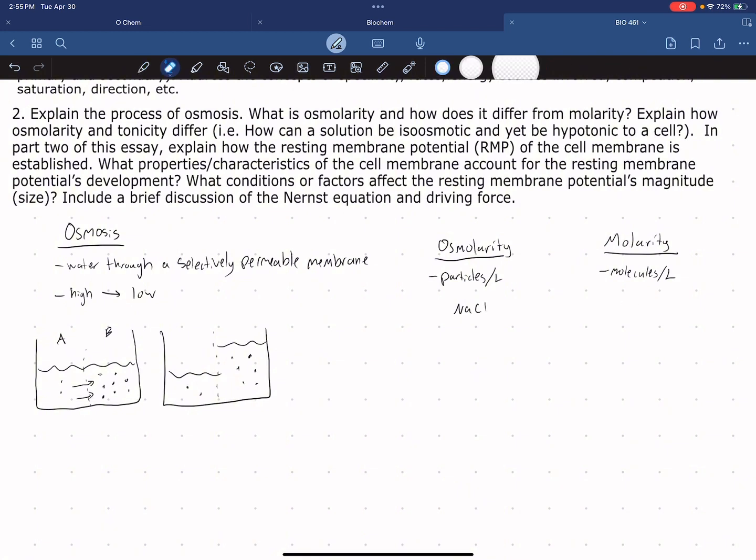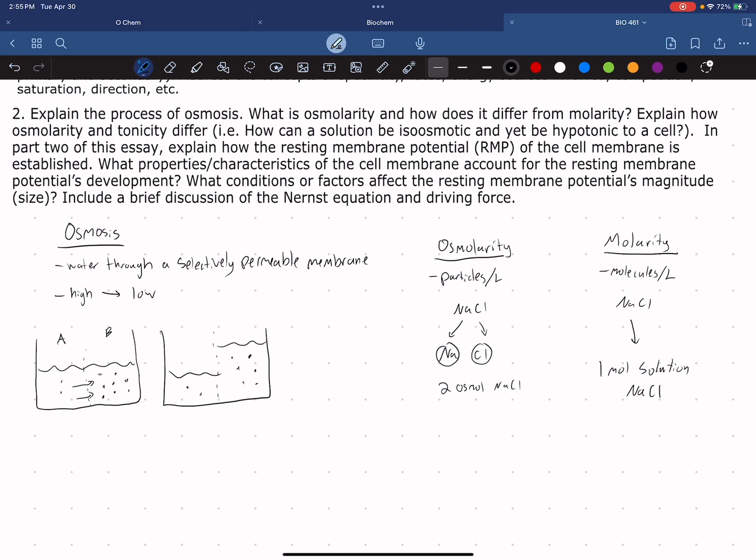In a solution of water, NaCl is going to separate into sodium and chloride. And so this right here will equal a 2 osmol solution of NaCl because there are 2 parts. Where with molarity, this NaCl will become a 1 molar solution of NaCl. That's how osmolarity differs from molarity.